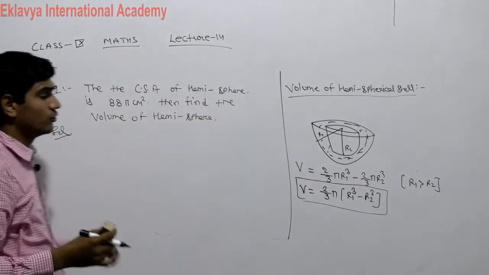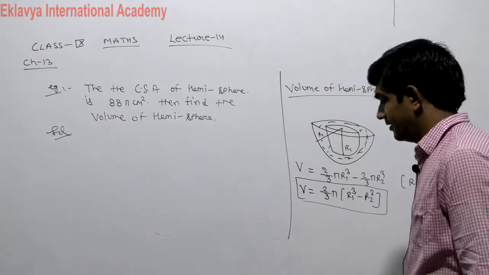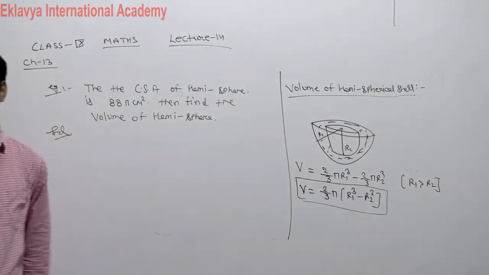So what is given to you? The curved surface area of the hemisphere is 88 pi centimeter square. Then we will find out the volume of the hemisphere.